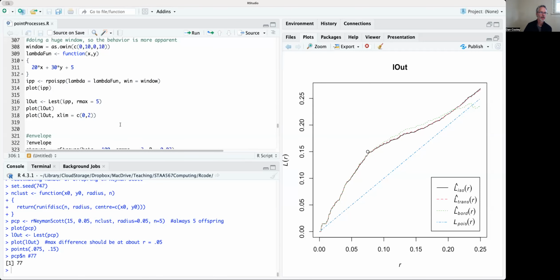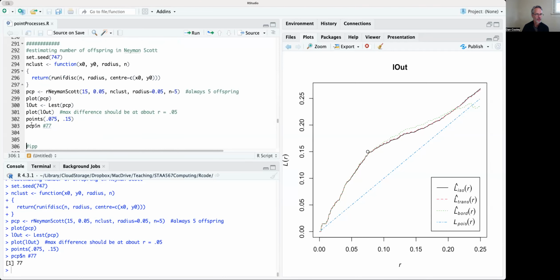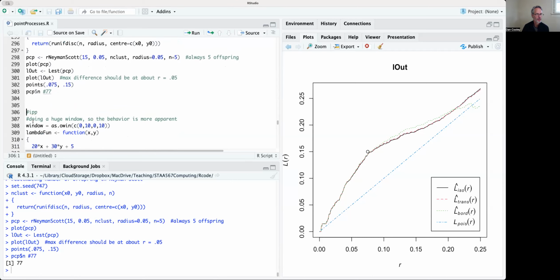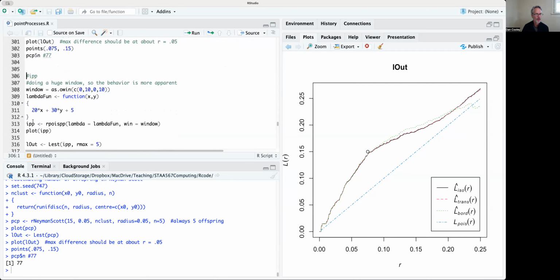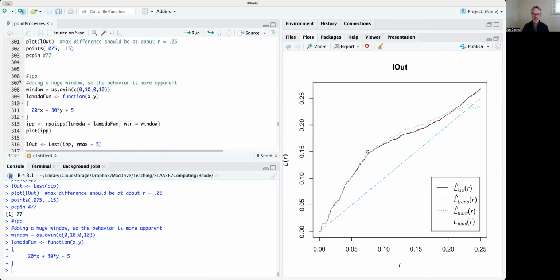Okay, so just below the section of code that we just ran, starting at about line 307, we're going to generate an inhomogeneous Poisson process, and this is that example that is linear in the X location and linear in the Y location.